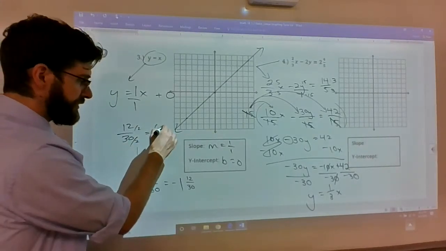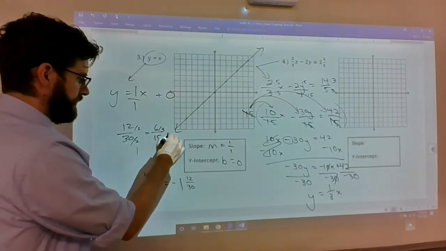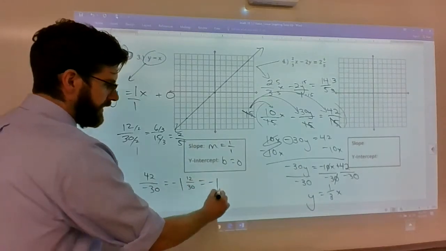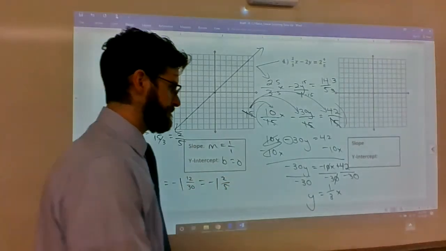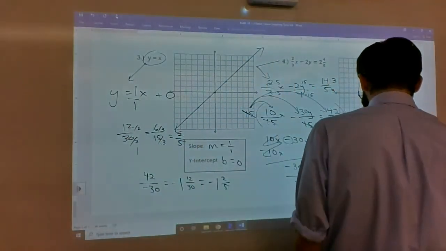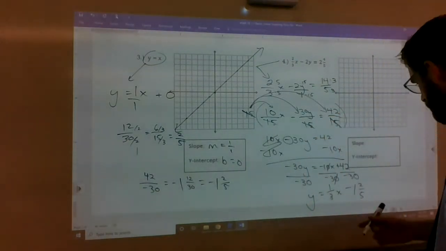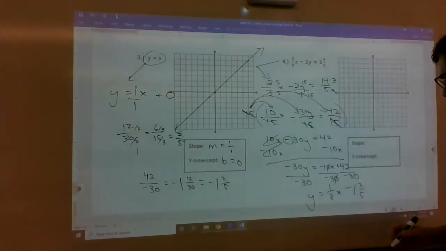Cut it in thirds, 2 over 5. It's negative 1 and 2/5. Or your calculator would give you negative 1.4 for negative 1 and 2/5.